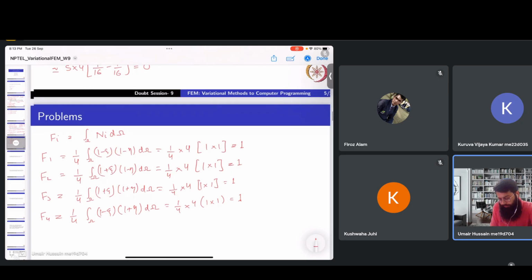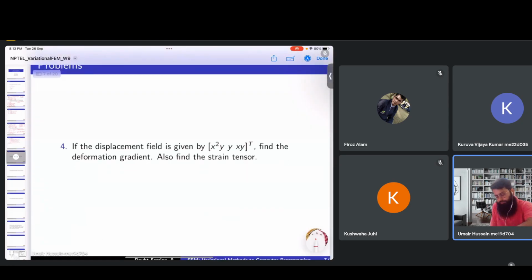All right, then shall we move on to the next problem? If the displacement field is given by this vector, find the deformation gradient, also find the strain tensor. So we have given the displacement vector as this.